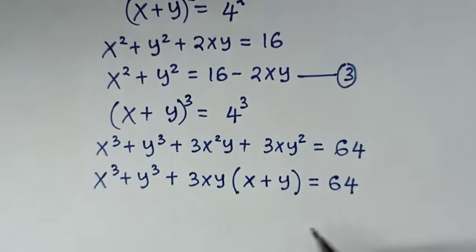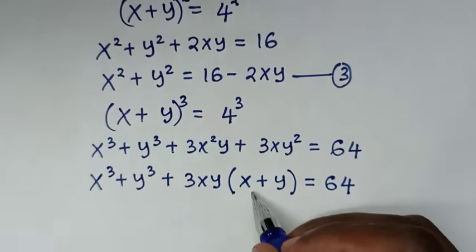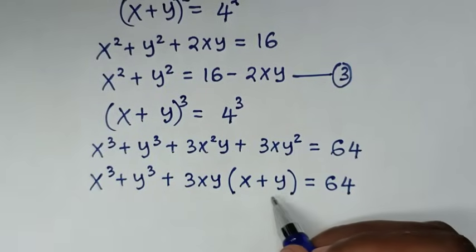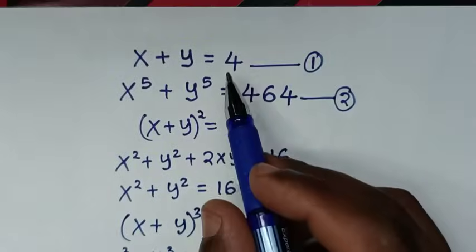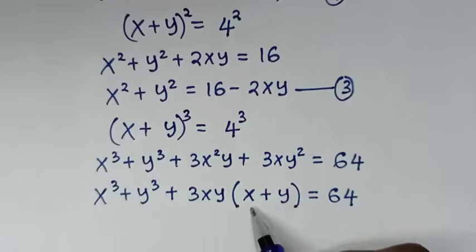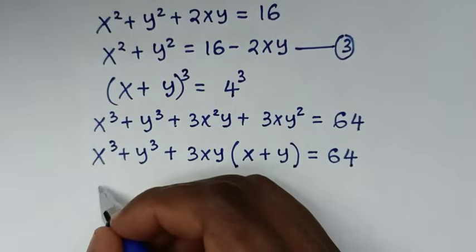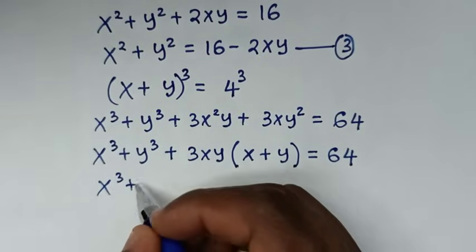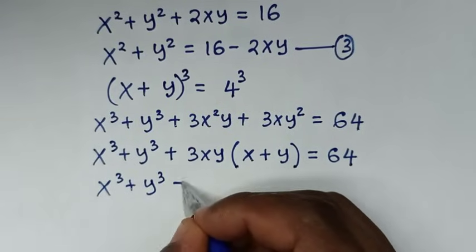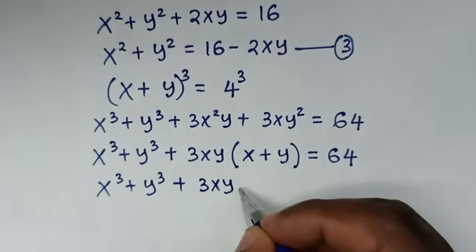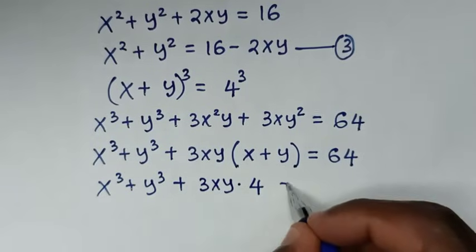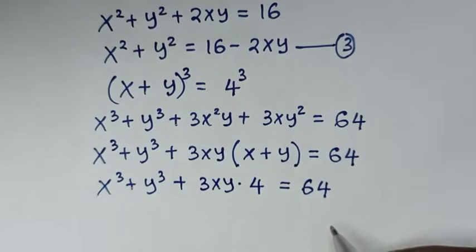Then in the next step, in here x + y is from the first equation, which is equal to 4. So in here we substitute 4. Then it will be x^3 + y^3 + 3xy times 4 = 64.